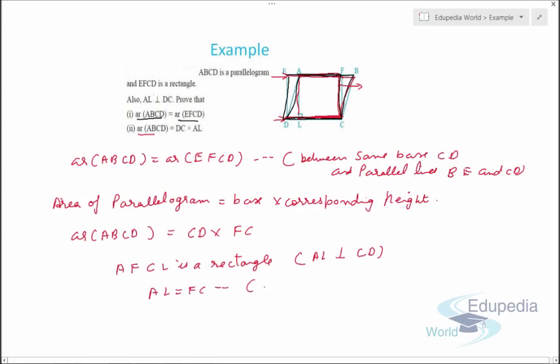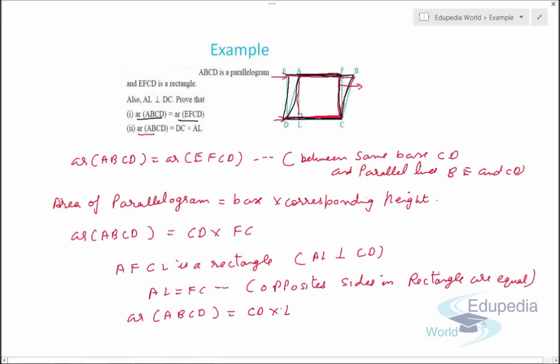Why? Because opposite sides in a rectangle are equal. So we can say that area of ABCD equals CD into AL. So this is how we can prove these types of questions.